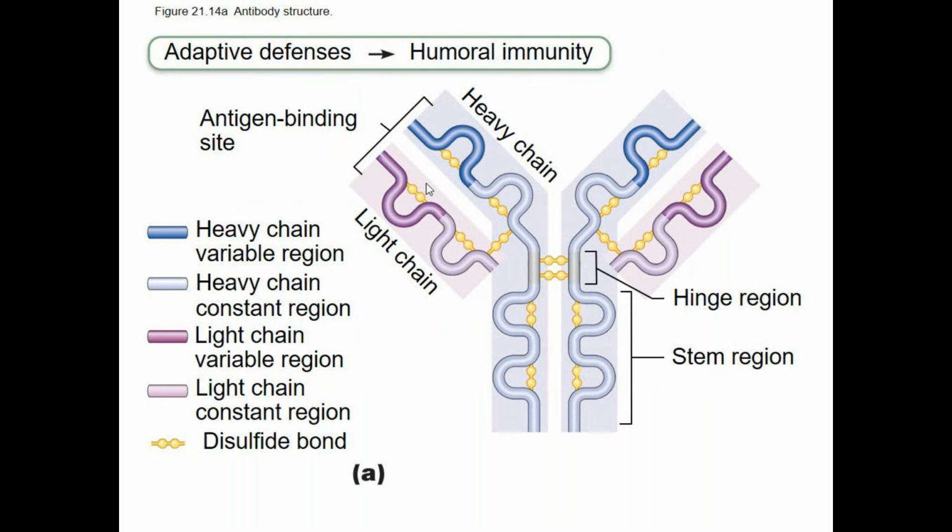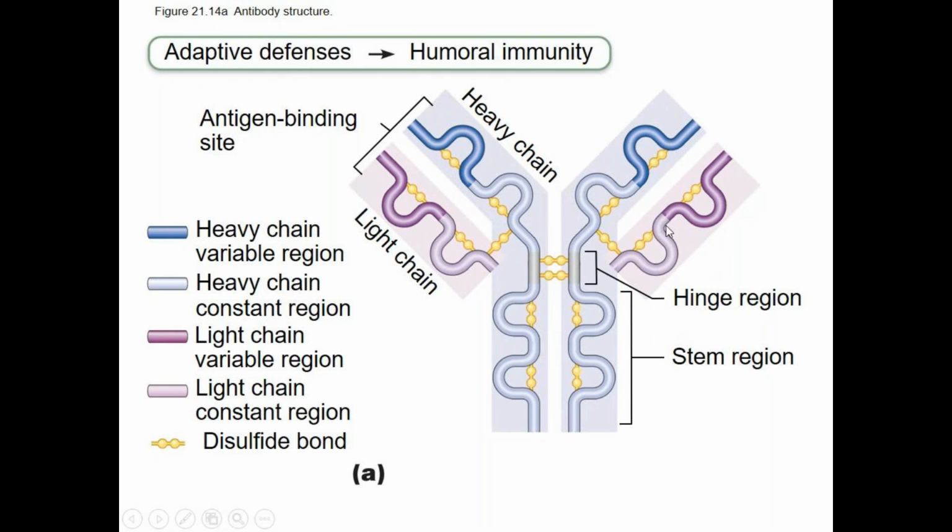So the monomer that's going to make up all of our antibodies in all forms is going to look something like this. In this case, we've got sort of a Y-shaped kind of deal, with this little hinge region in it. And we have a stem that is just heavy chain, and the arms above the stem have both heavy and light chains.